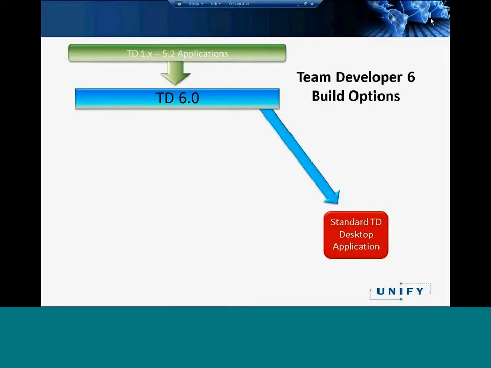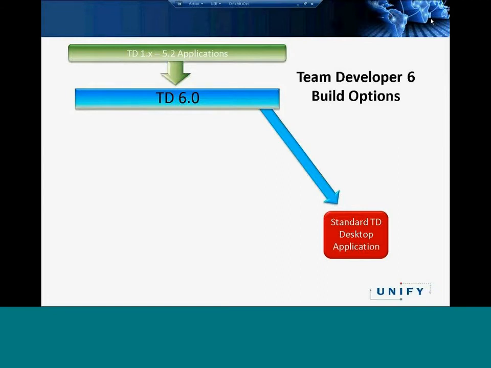So let's talk a little bit about our architecture and the build options in Team Developer 6.0. The way this is going to work is you as a customer are going to be able to migrate any application starting in TD 1X up to 5.2 into Team Developer 6.0.